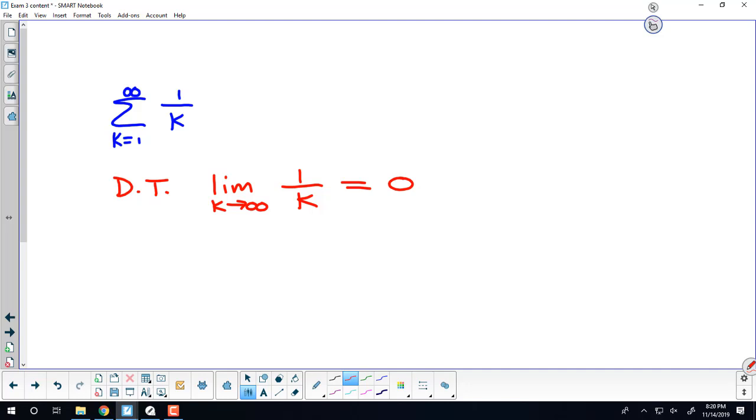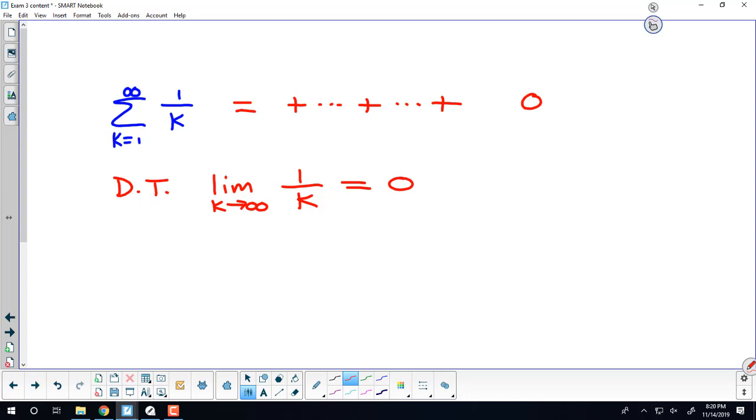So that's why we talked about necessary versus sufficient. The terms of this series eventually approach 0, but that doesn't mean that the thing converges. For a series to converge, it is necessary that the terms approach 0, but it is not sufficient to guarantee convergence. That was the main reason I chose to talk about the differences between necessary and sufficient.